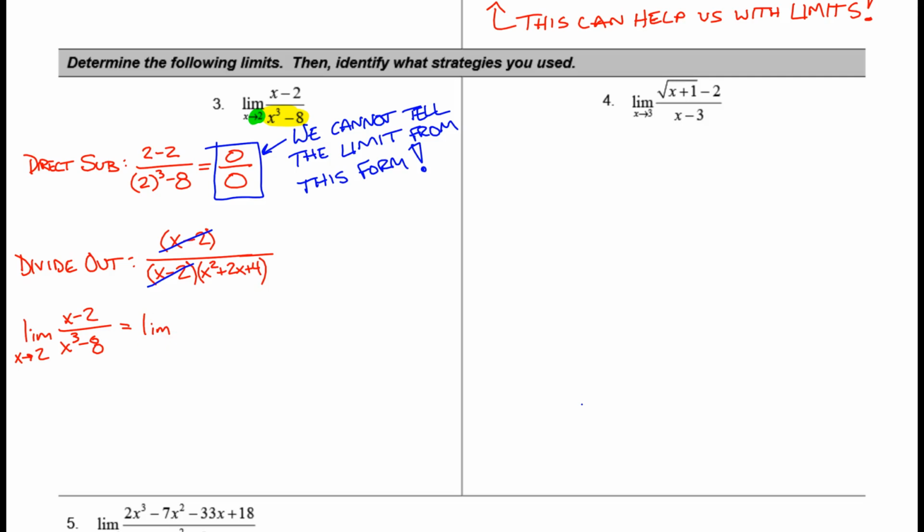We just care about how the function behaves near x equals 2. So I have an equivalent function here after I divide out a common factor, and I can evaluate the limit of that function as x approaches 2. And for this, I can use direct substitution.